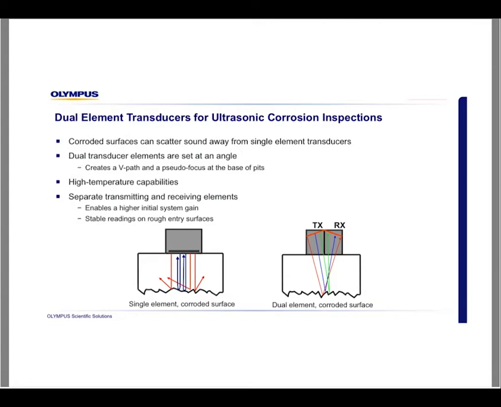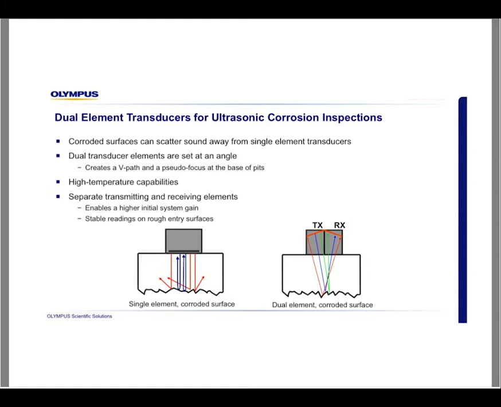Now, when discussing in particular conventional ultrasonic inspections of corrosion, the most common transducer probe that's recommended is a dual transducer. And there's a very specific reason for this. When you're inspecting for corrosion, you're looking at potentially rough and irregular surfaces.